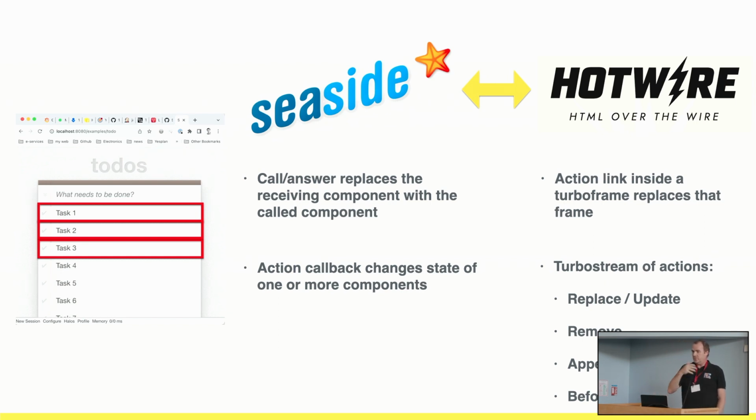So if you do an action from within this turbo frame, it will by default replace only the contents of the frame. So that's exactly what you want. So the Seaside call and answer maps exactly to these turbo frames and links inside of a turbo frame. I'll go to the implementation.